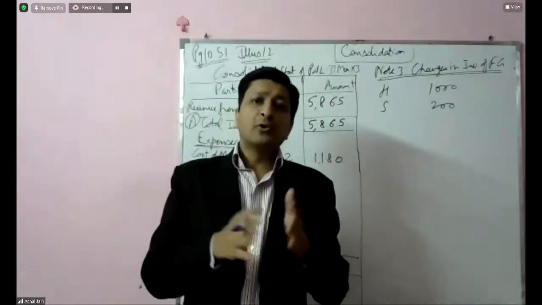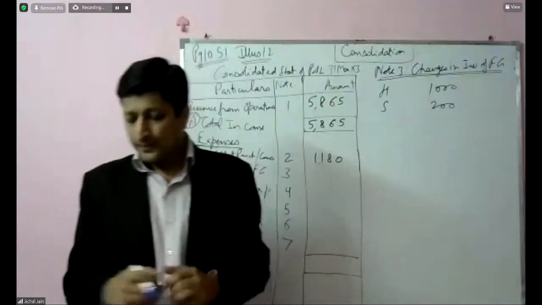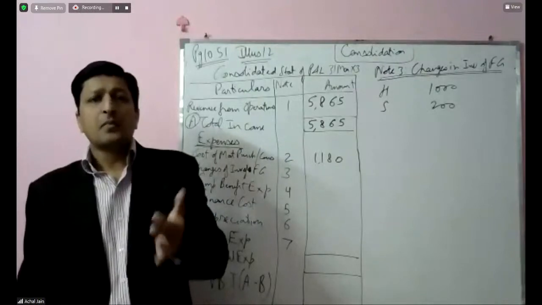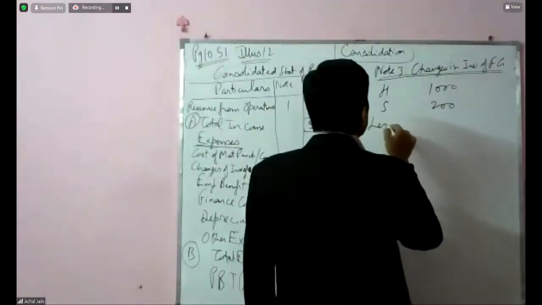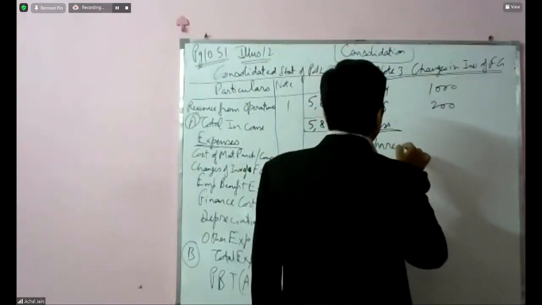So we also need to eliminate that part. So how do we eliminate? Very simply, we'll just remove the amount of unrealized profit. Less unrealized profit.